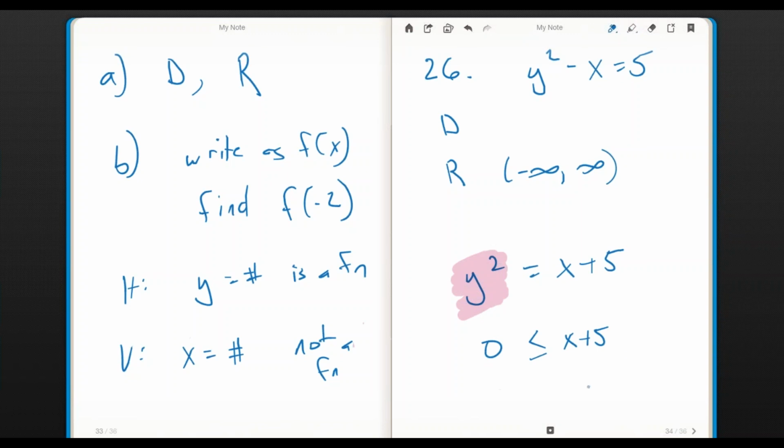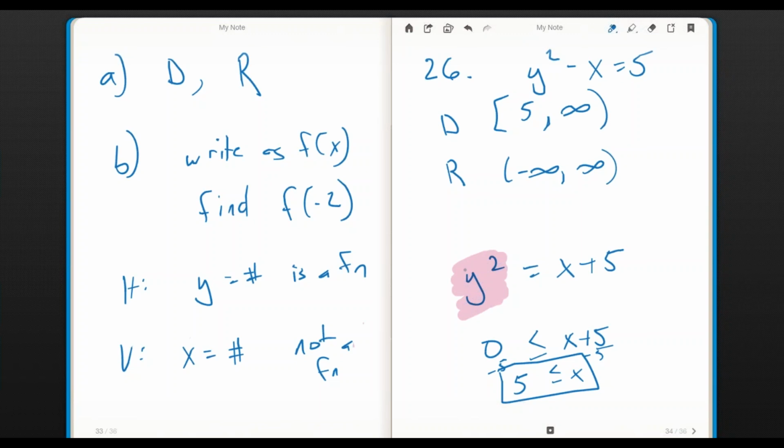If 0 is less than or equal to x plus 5, then x is greater than or equal to negative 5. Subtract 5 from both sides. So what that tells me is my domain has to be greater than or equal to negative 5. Remember, a bracket means it's a boundary and it's included. So the domain goes from negative 5 to infinity.